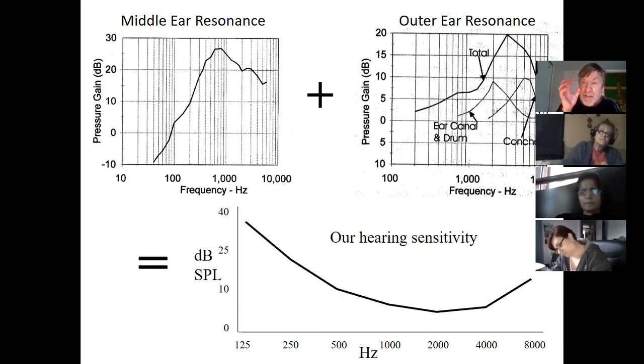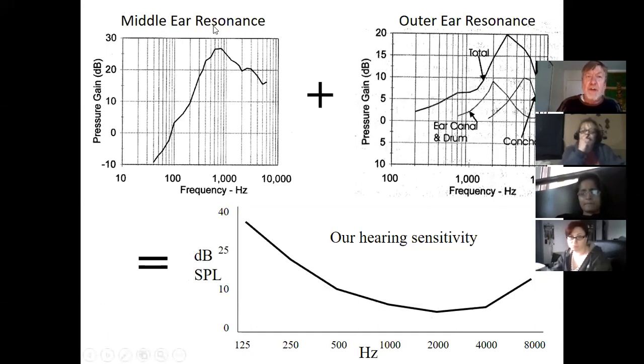Our best hearing is naturally between 1,000 and 4,000 hertz. Look at the sweet spot. Look where the smile goes down the most, and look at the corresponding decibels to just barely hear. So in dB SPL, we hear those frequencies the best. Why? Because of the resonances of the outer ear and the resonances of the middle ear.